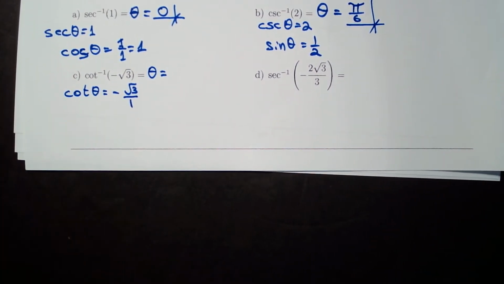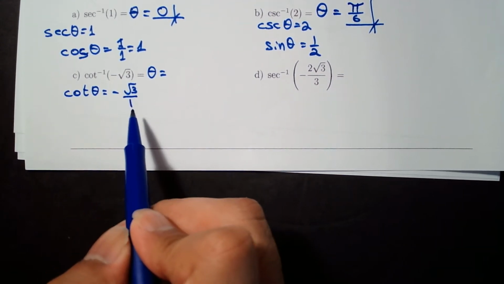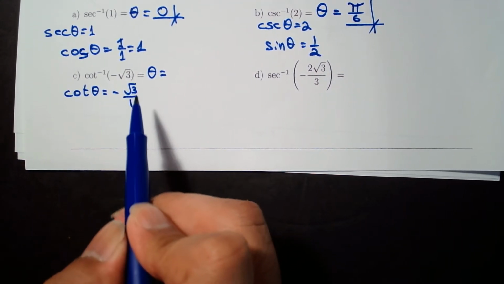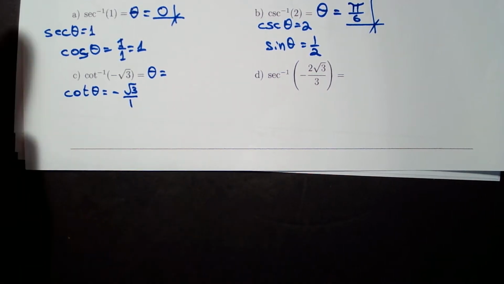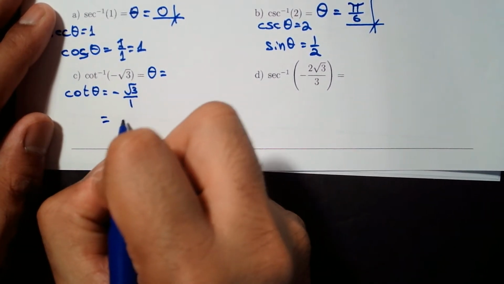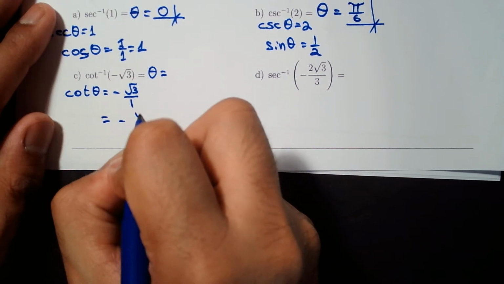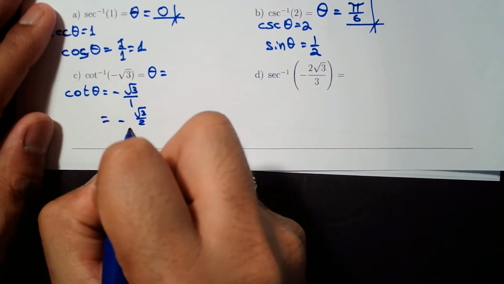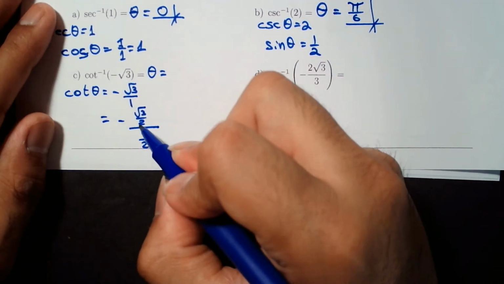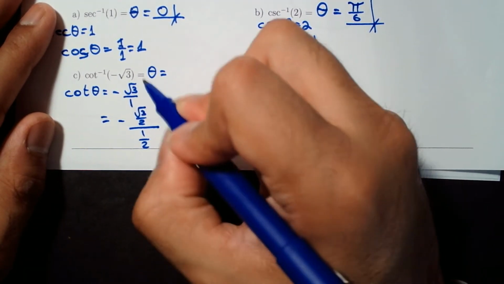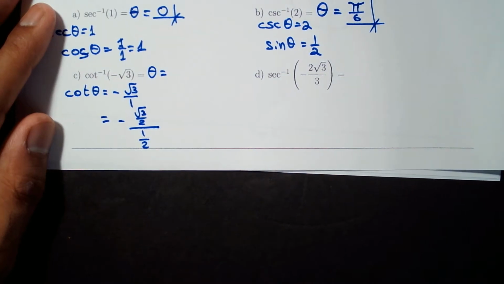But just √3/1 might be a little bit tricky to find in the unit circle. So the trick is to write this as √3/2 over 1/2, because ultimately these two cancel, giving us back this √3.